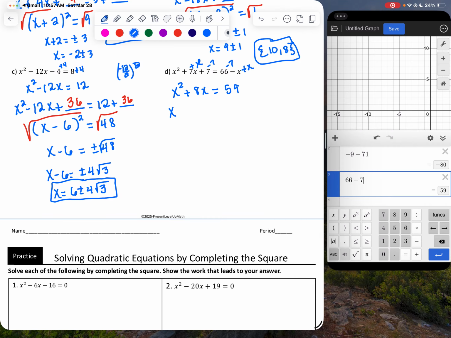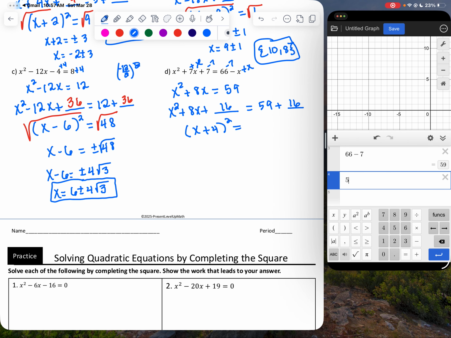Now let's create a perfect square trinomial. So half of 8 is 4, and 4 squared is 16. Now factor the left side into x plus 4, quantity squared. On the right side, 59 plus 16 is 75. Take the square root of both sides.